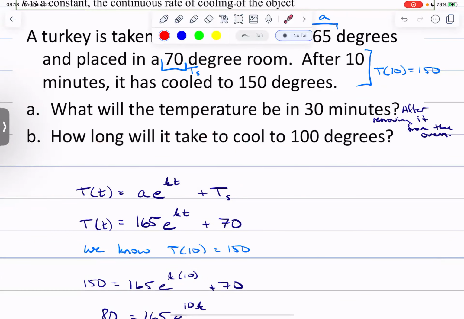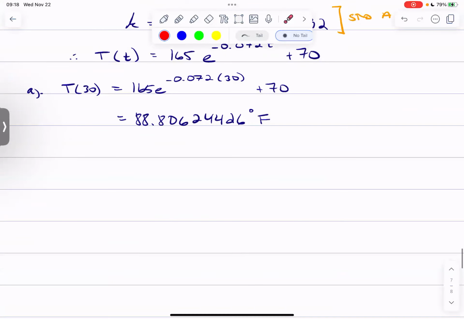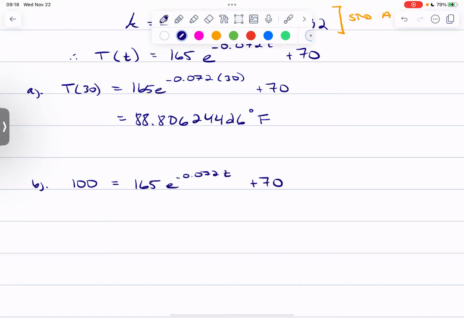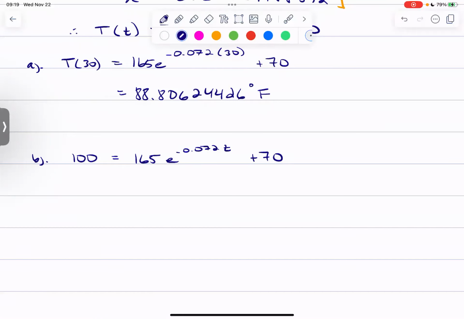How long will it take to cool to 100 degrees? That's the same thing as asking, if I force this to be 100, 165 e to the negative 0.072 t plus 70, what is t? 100 minus 70, 30 is 165 e to the negative 0.072 t.